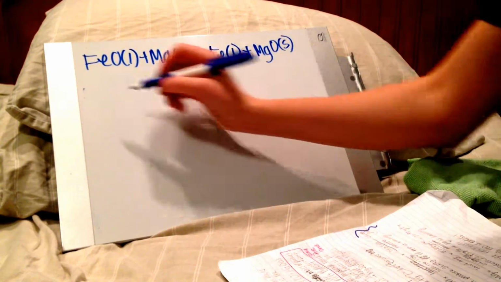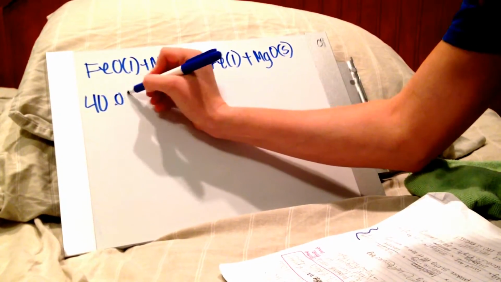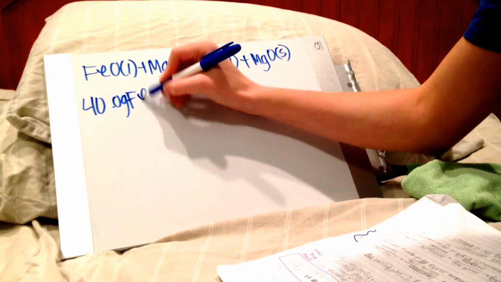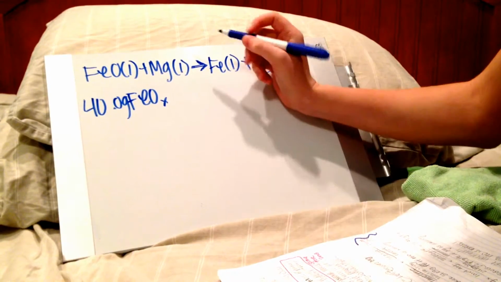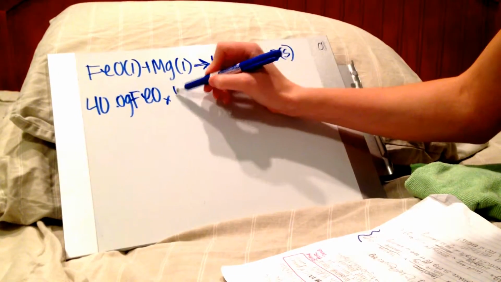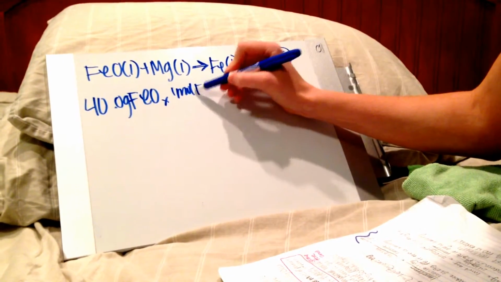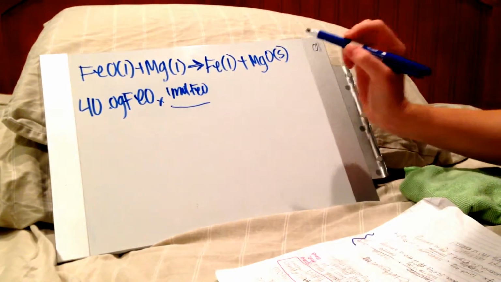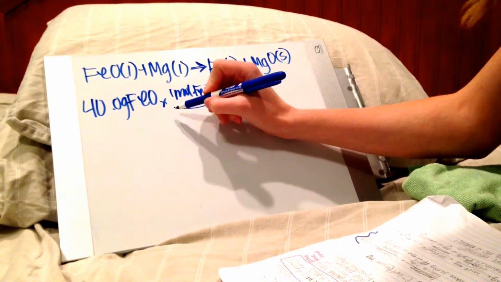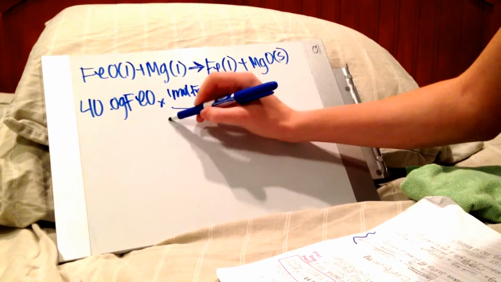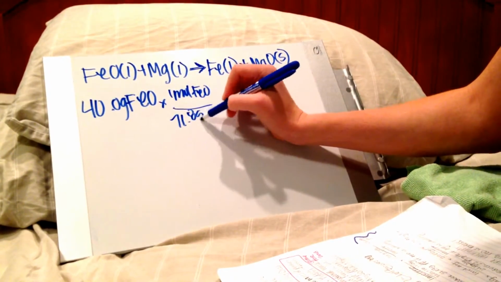So we're going to start with 40 grams of iron oxide. Then we're going to make one bridge. We're going to times it by 1 mole of iron oxide over the molar mass, and the molar mass is 55.85, which is iron, and 16, which is oxygen, and that equals 71.85 grams.